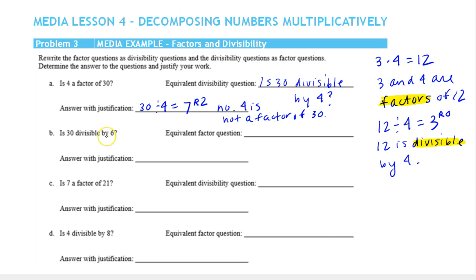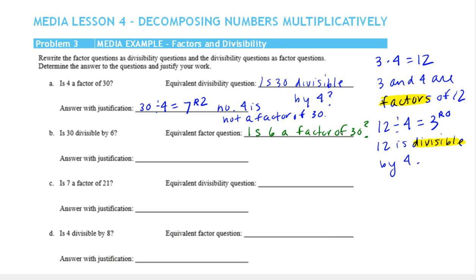Is 30 divisible by 6? So as a factor question, this is asking, is 6 a factor of 30? Okay. So notice these are equivalent statements, and notice how the order changes when you write it.